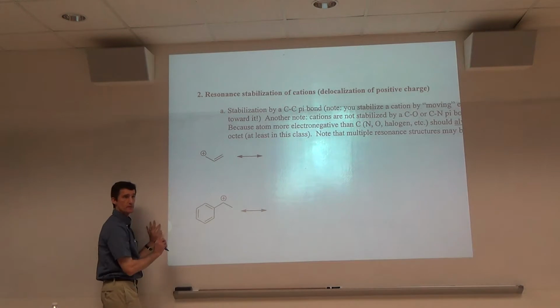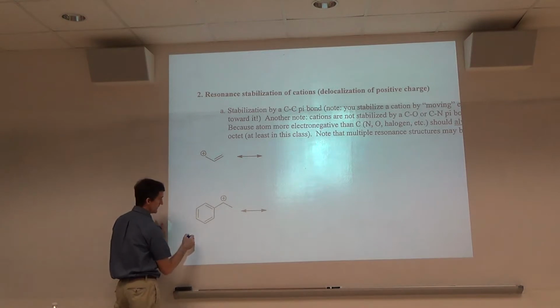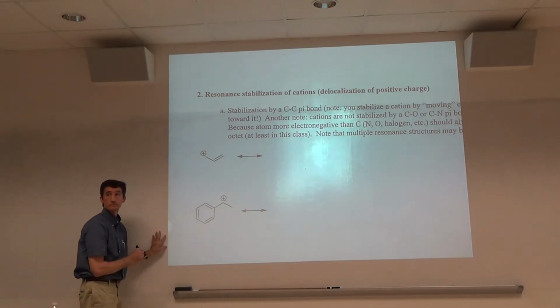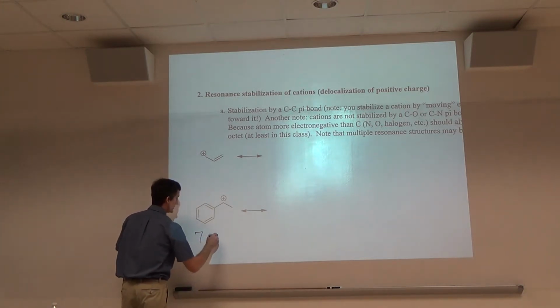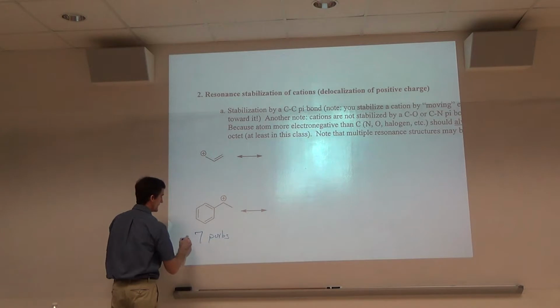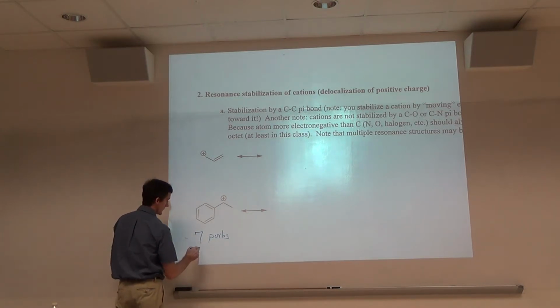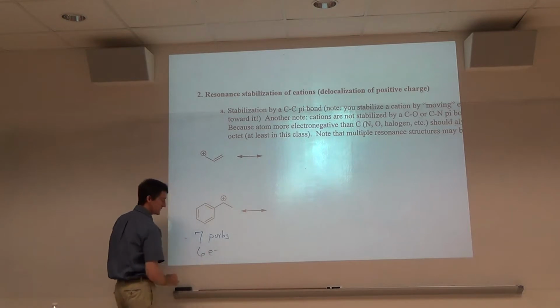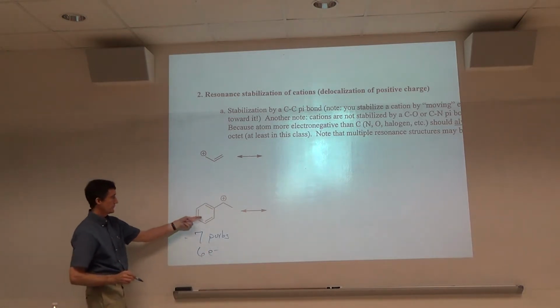First off, little theory. Let's talk about the pi system. How many p orbitals are all conjugated here? 7 p orbitals. How many electrons in the pi system? 6 pi electrons. 2, 4, 6.